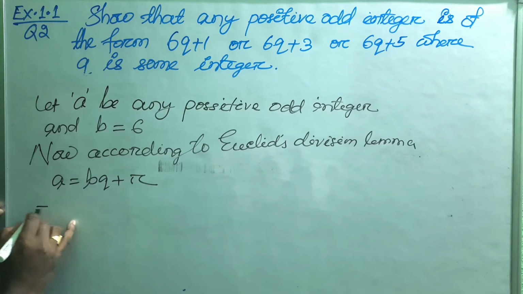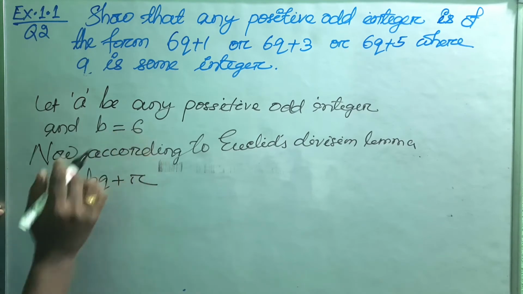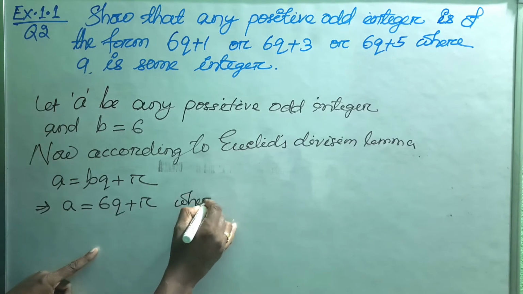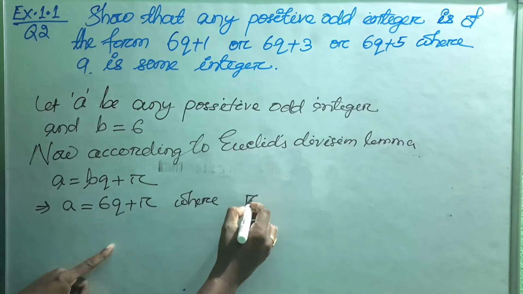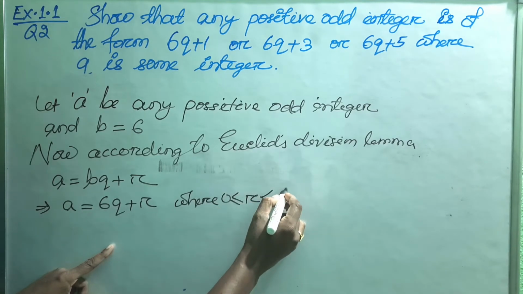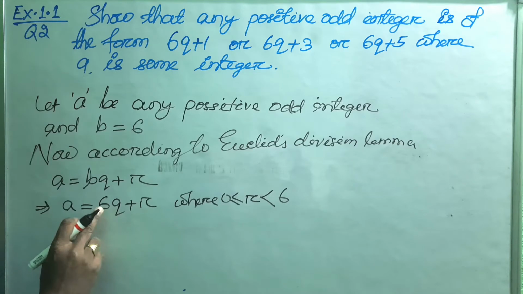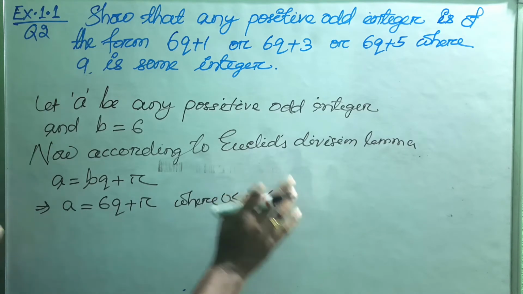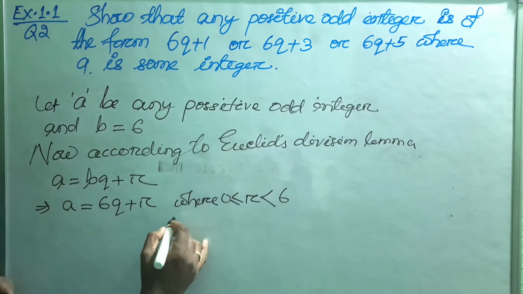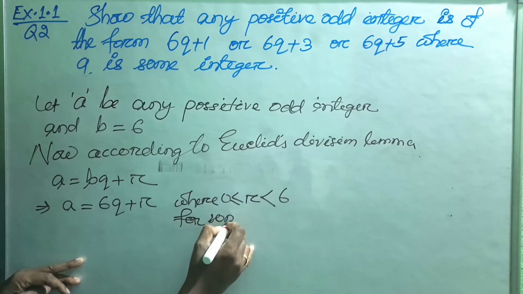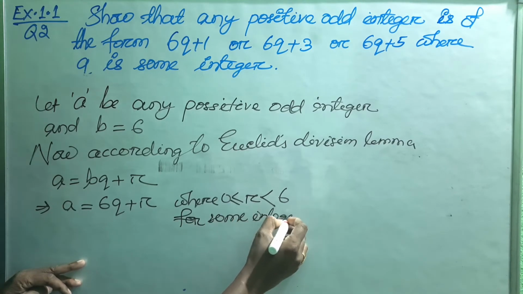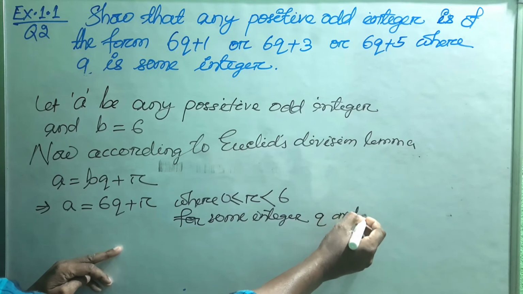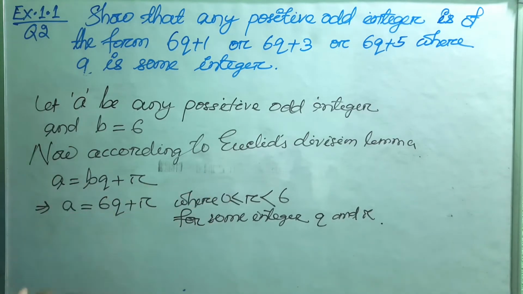This implies a is equal to 6q plus r, since here we have taken b as 6, where r is greater than or equal to 0 but less than 6, because r is less than b and b is 6. Here you write down for some integers q and r. So here q and r are some integers.